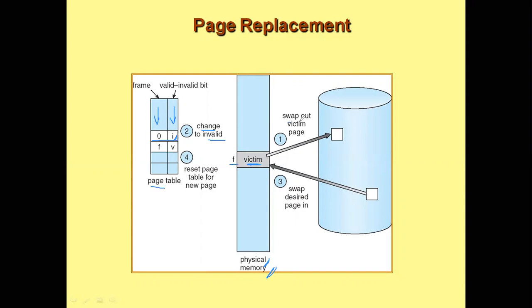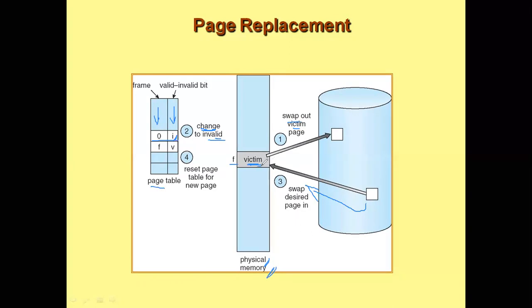So this victim page is swapped out from the main memory, that is, it is given back to the disk. That is, its place is now going to be invalid. Clear? Now after putting it back into the disk, you have to bring in the desired page.